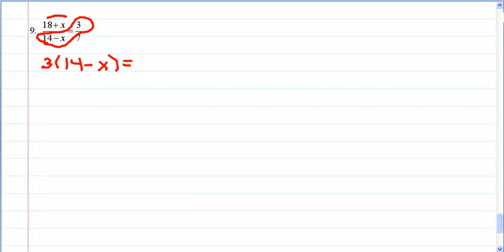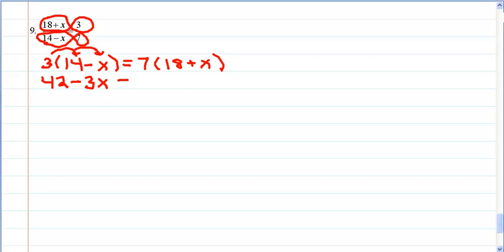And when I take the product of the other diagonal, 7 times 18 plus x, you have two groups of parentheses. So there will be distributing on both sides of the equation. 3 times 14 is 42, and then minus 3x. And then on the right side, 7 times 18 and 7 times x.